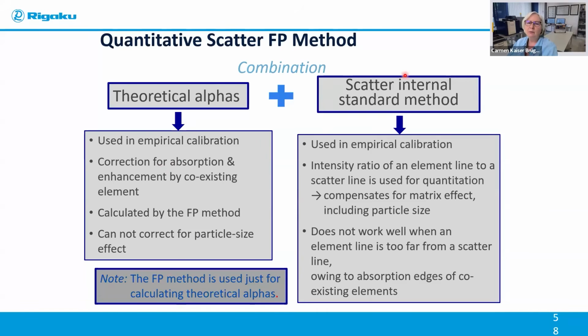And we combine it with this scattering internal standard method. This compensates basically for the matrix effects, including particle size. But remember, it can only work most effectively for the heavier elements. So in the next few slides, I will show you the differences.